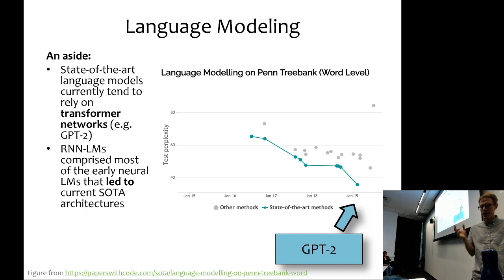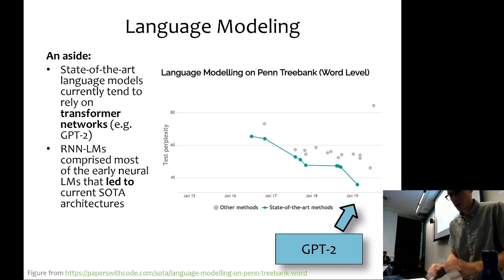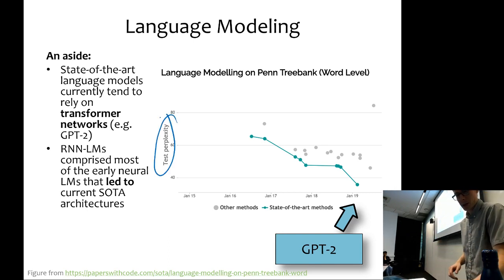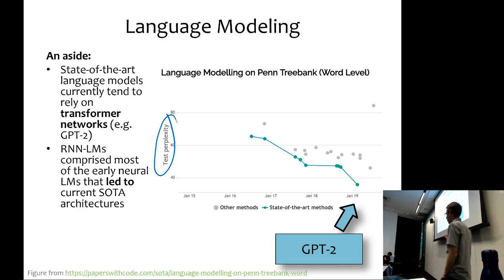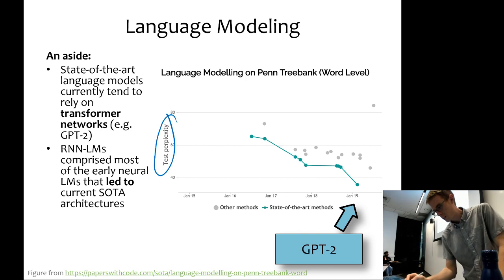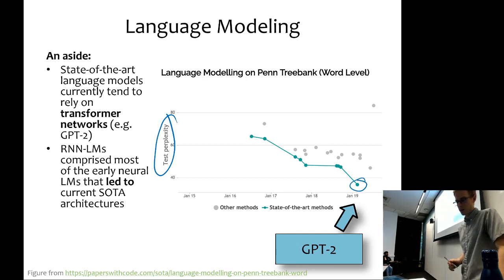And if you look at essentially perplexity, which is sort of the standard metric for evaluating language models, what you'll find is that over time, the state-of-the-art models have essentially been dominated by deep recurrent models. Okay, so at present, the state of the art as of today is a model called GPT-2, which technically is a transformer network.